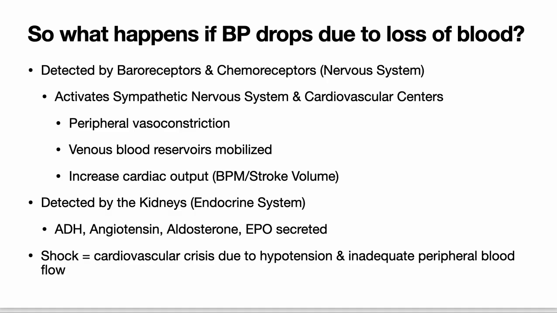All right, so what happens if blood pressure drops due to a loss of blood? Well, that would be detected by baroreceptors and chemoreceptors in the nervous system, which would immediately activate sympathetic nervous system responses and the cardiovascular centers in the medulla oblongata. So two sets of brain locations are going to be like, whoa, something's going on here.